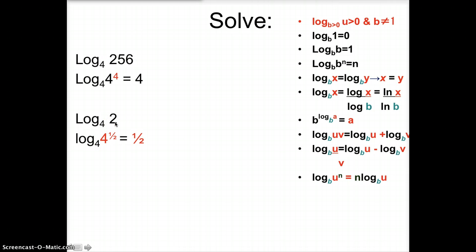So we've managed to rewrite 2 in a base 4 as the square root or 1/2 power. So according to this third rule, the log base b of b to the n is n. Our solution here works.